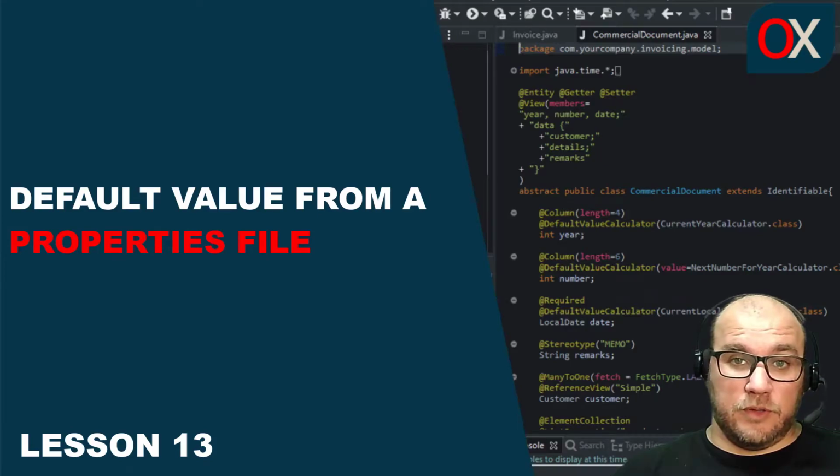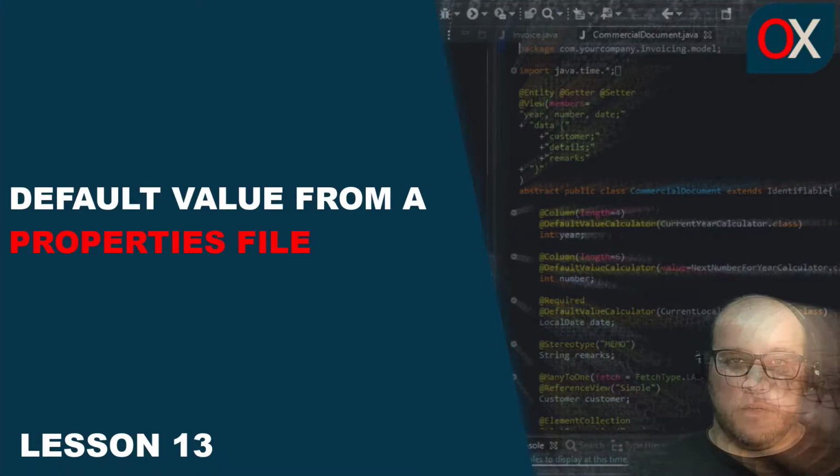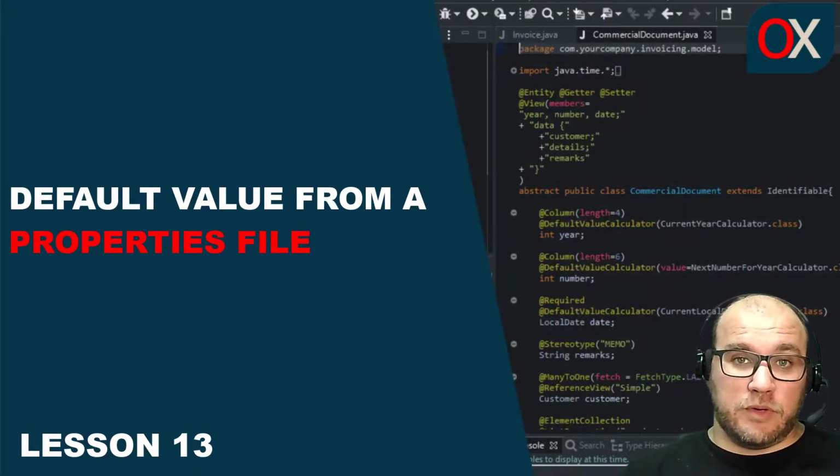It's useful for the user to have the default value populated for the bad percentage. We can use a calculator with the default value calculator that returns a fixed value, but in that case, changing the default value means changing our source code. Otherwise, we could read the default value from the database using JPA for the calculator, but in that case, changing the default value means updating a database table.